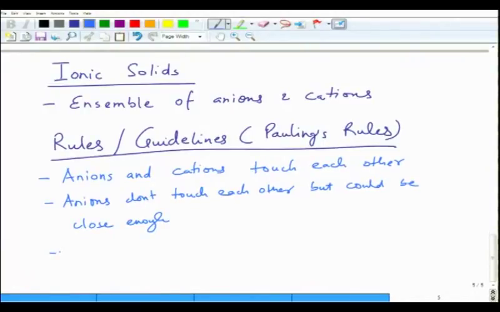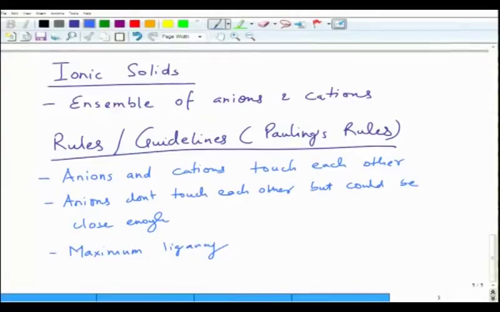And to minimize electrostatic energy, there should be maximum ligancy. Maximum ligancy means that each anion or cation should have the maximum number of neighbors. The coordination number should be as high as possible, so that your electrostatic energy is minimum, and that makes sense.